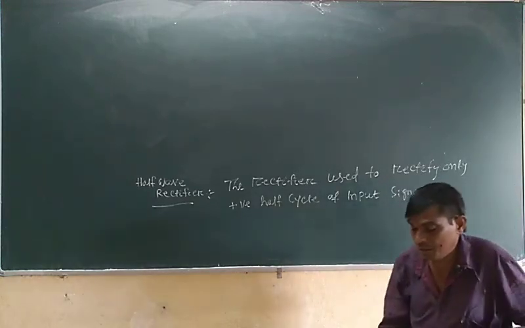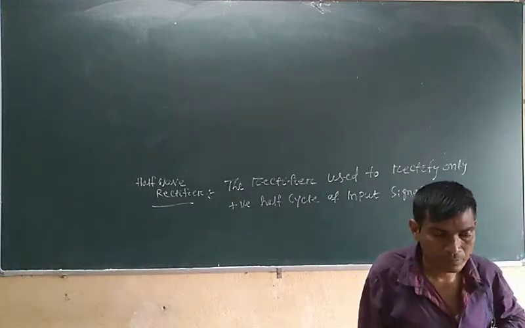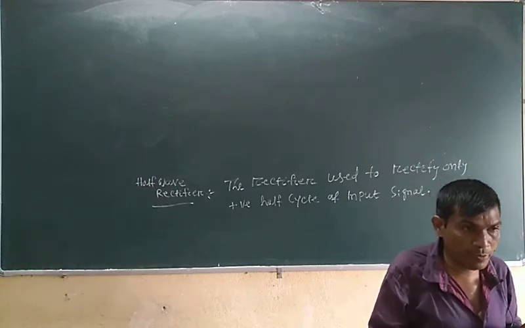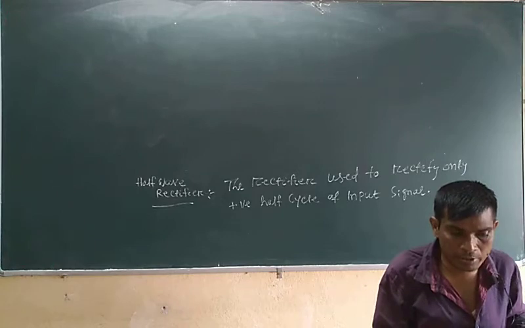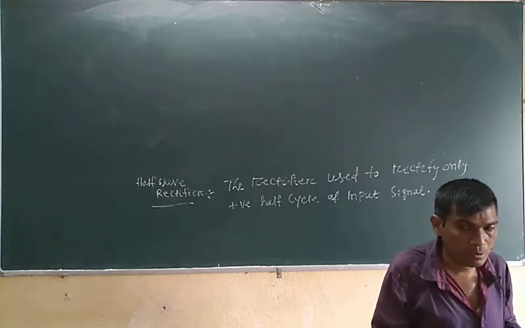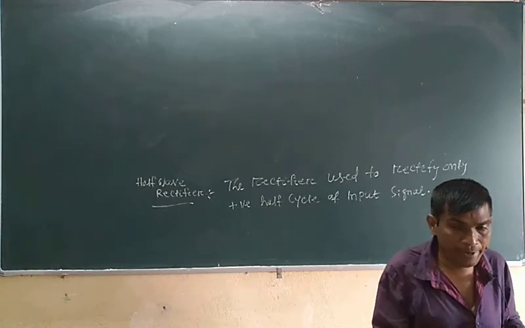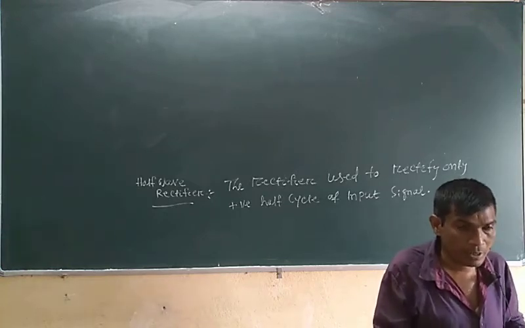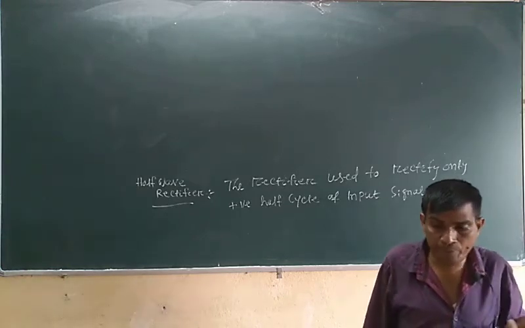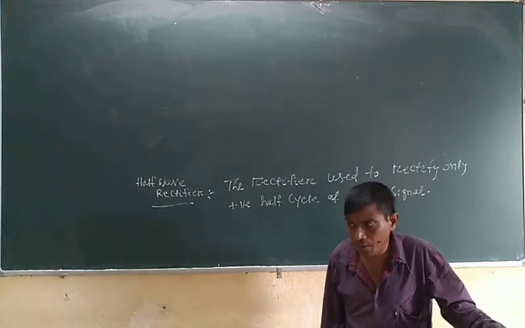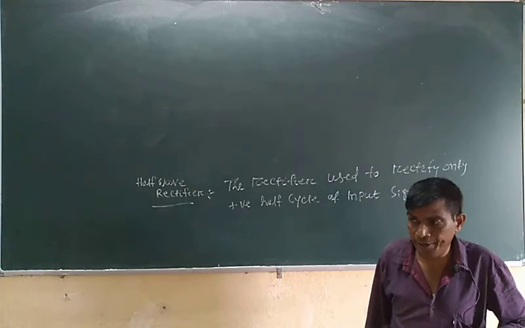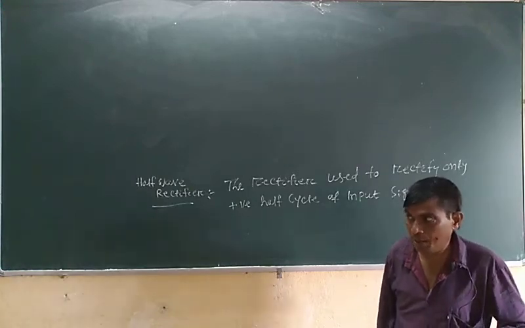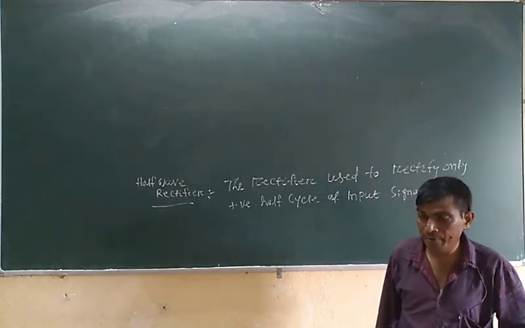The meaning is that in a half wave rectifier, a single diode is used. When we apply an input or AC signal, it contains a positive half cycle and a negative half cycle.